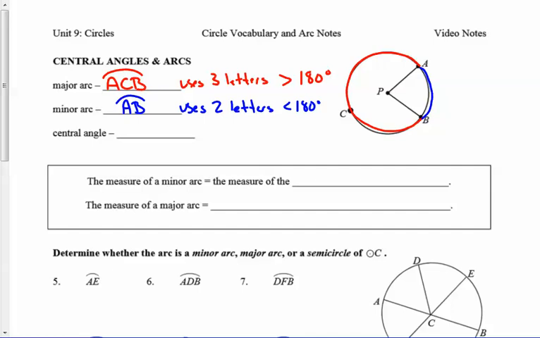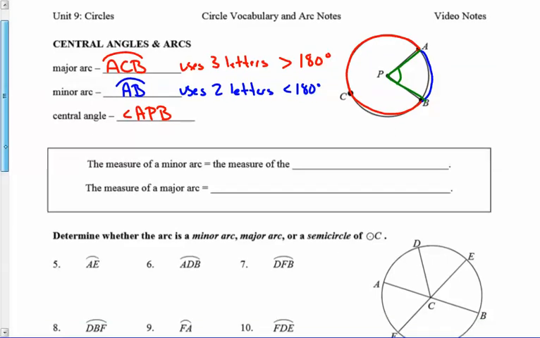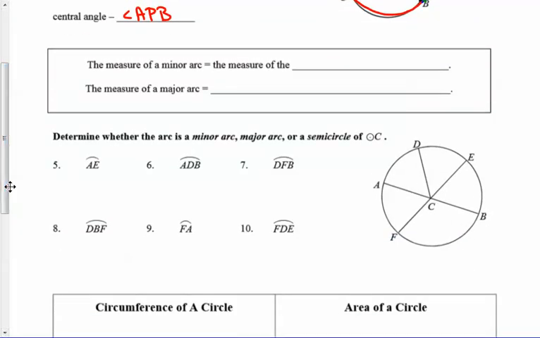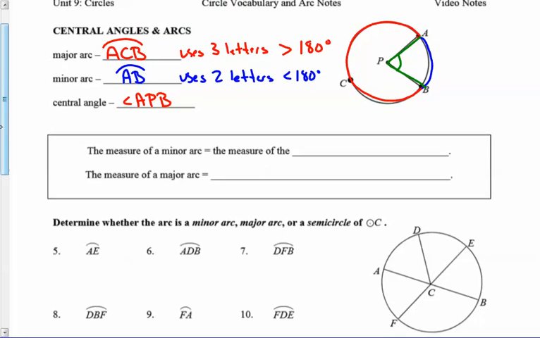Now a central angle, right? We'll call it angle APB. The measure of the minor arc equals the measure of the central angle. These 2 things are the same.